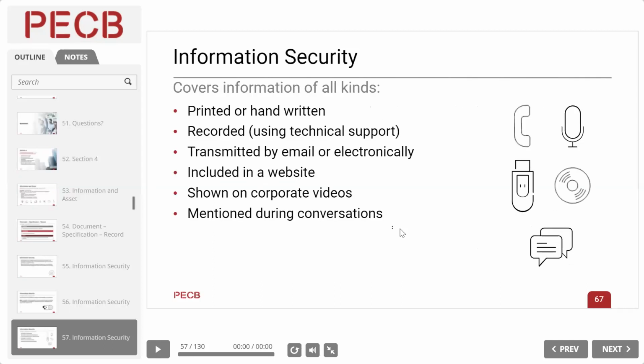So we cover all kinds of information. As I said, when we are talking about information security, we're not talking about just the electronic perspective. We are talking about all forms of information.